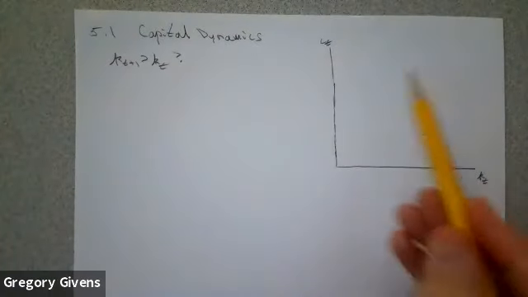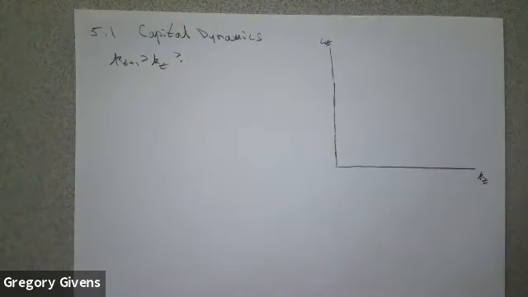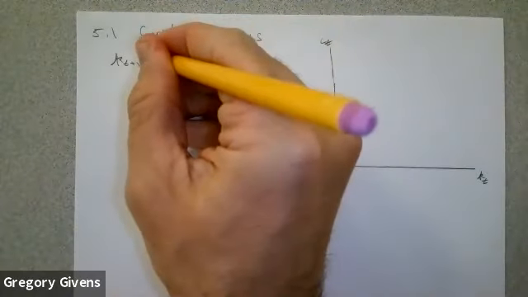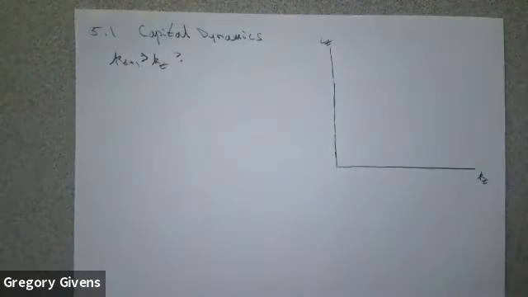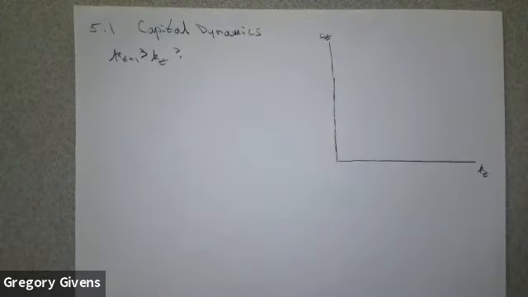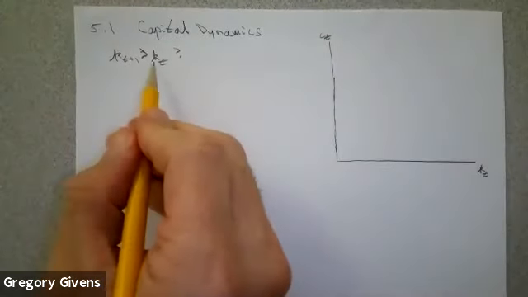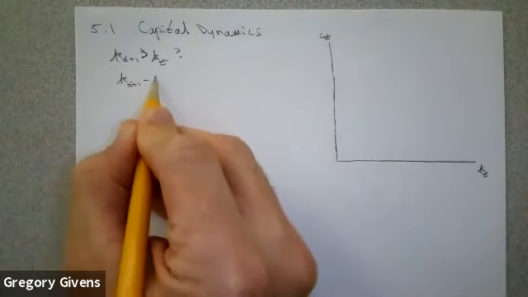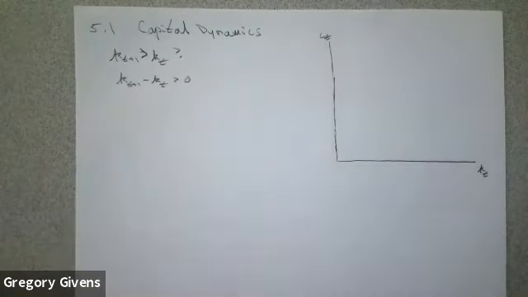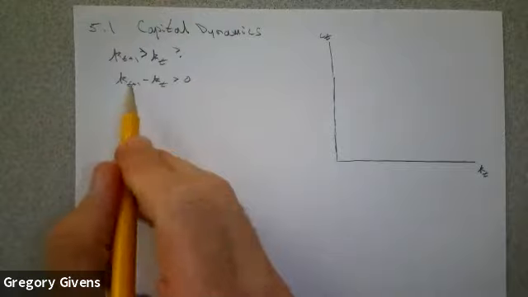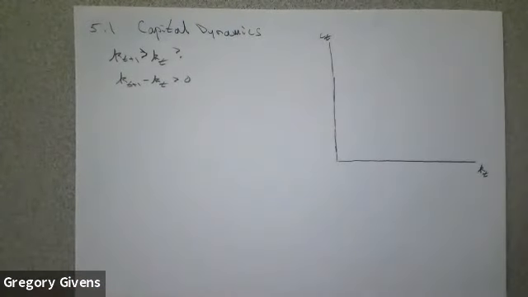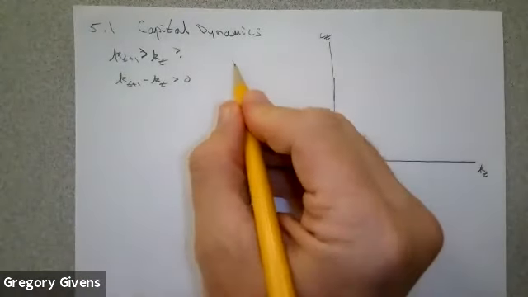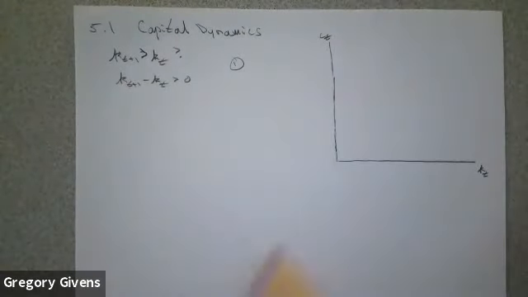Can I locate regions of K-C space such that the capital stock is growing from one period to the next? Sure we can. If K_{t+1} is bigger than K_t, then K_{t+1} minus K_t has to be bigger than 0, correct? What's K_{t+1} equal to? Let me appeal to equation 2 on my last piece of paper.